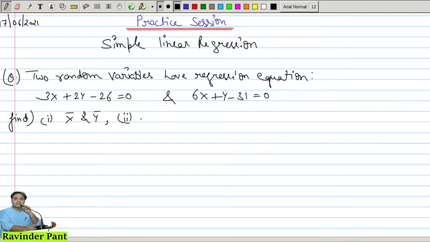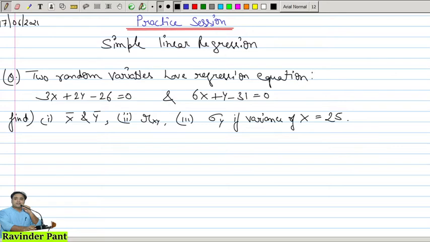Then the coefficient of correlation between x and y. And thirdly, we need to find the standard deviation of y if the variance of x is given as 25.